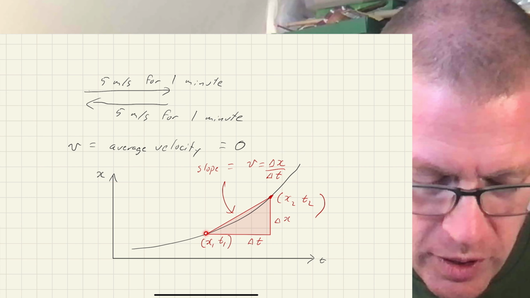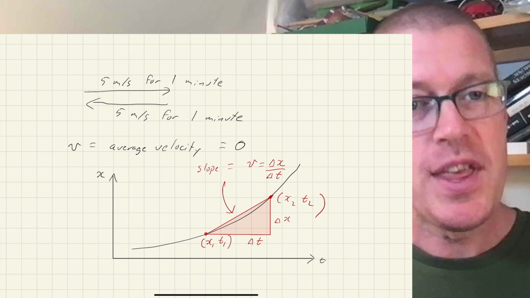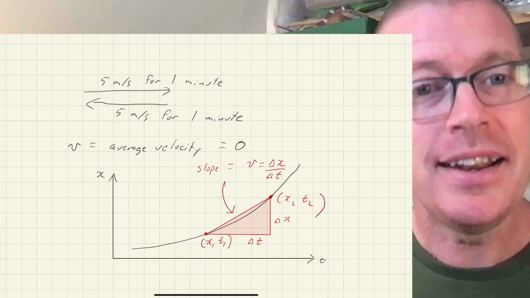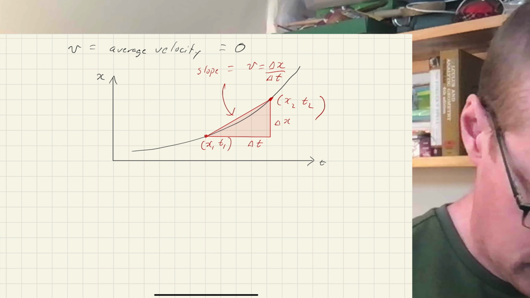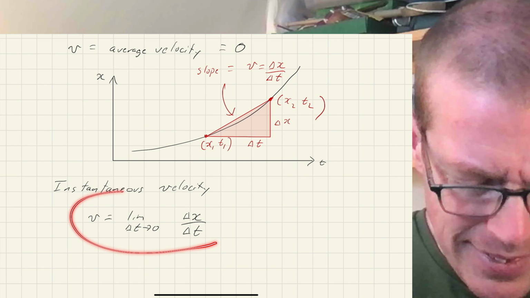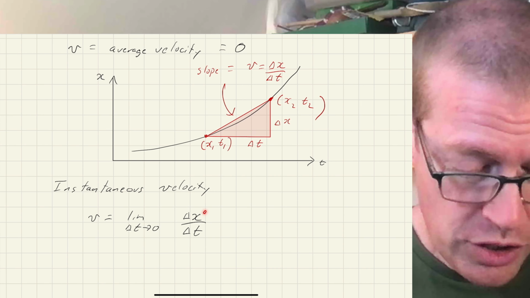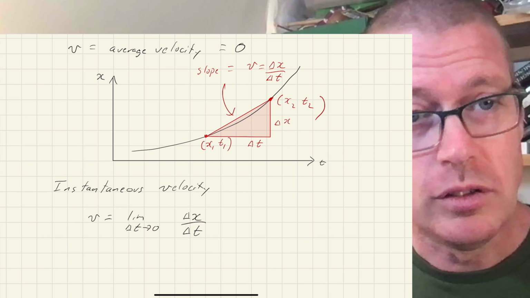If you move these points closer and closer together, you're talking about the average velocity on a shorter and shorter time, and that ends up giving you the instantaneous velocity. And this is the kind of notation we typically use for this. And so the notion is that delta x is changing as you change the interval.